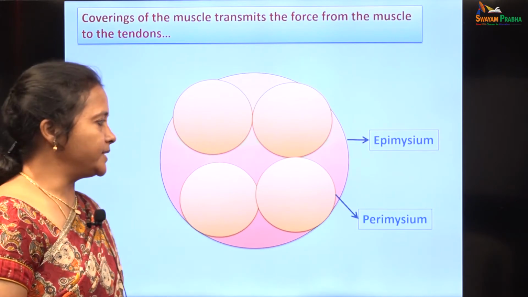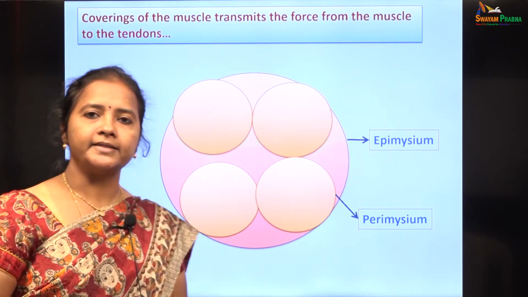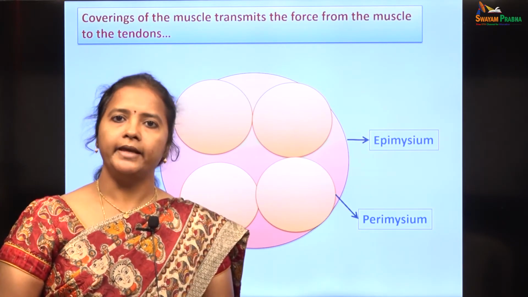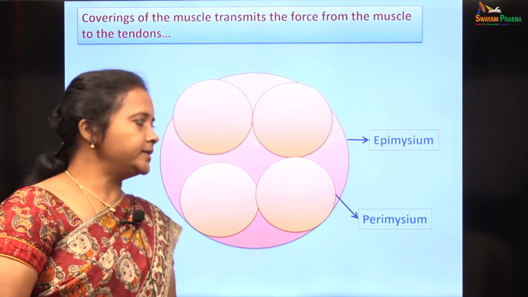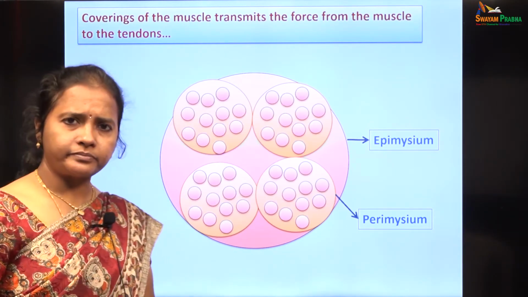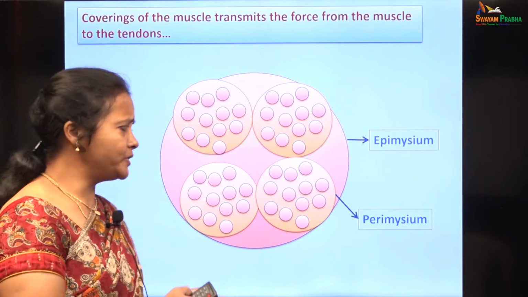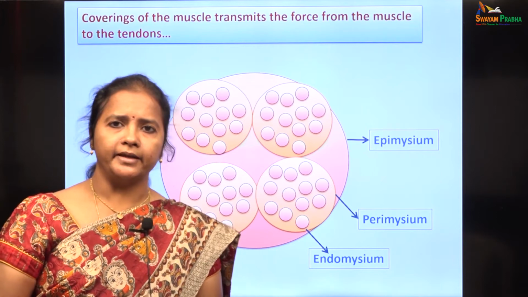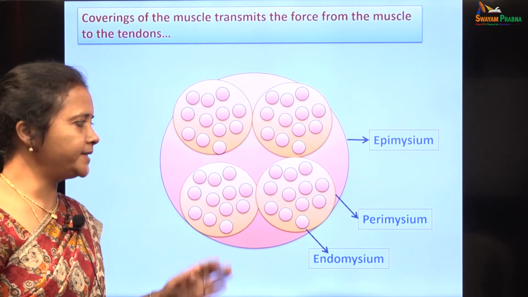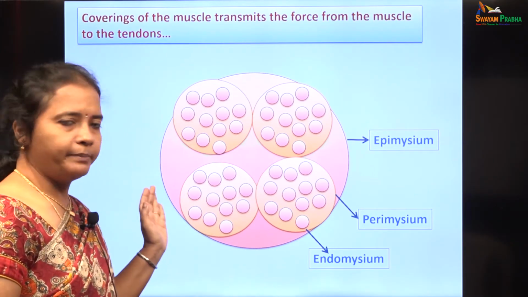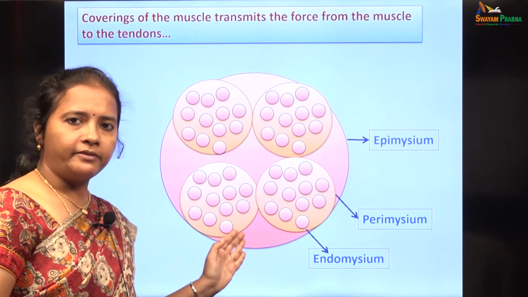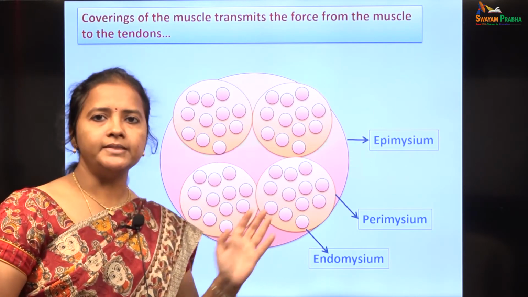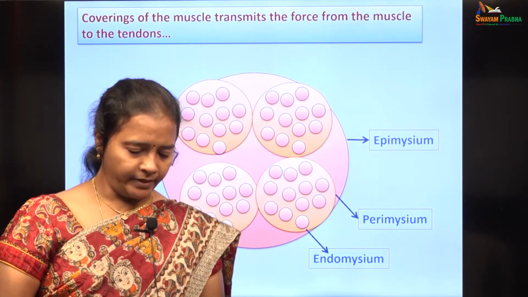These bundles of muscle fibers are covered by the next connective tissue layer, called the perimycium. Within the fascicles there are individual muscle fibers, and each individual muscle fiber is covered by a layer called endomycium. So, basically there are three layers: the outer epimycium, bundles covered by perimycium, and the muscle fibers covered by endomycium.